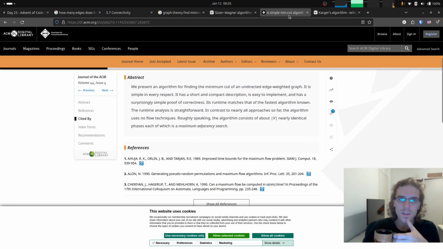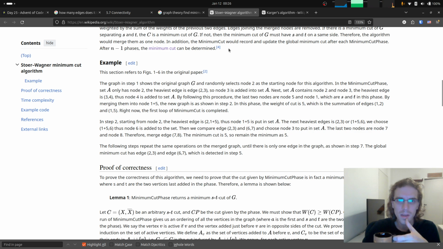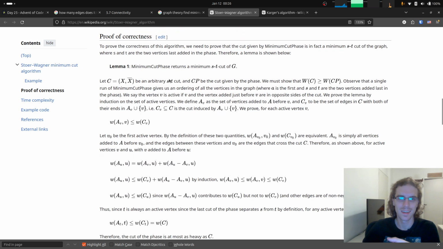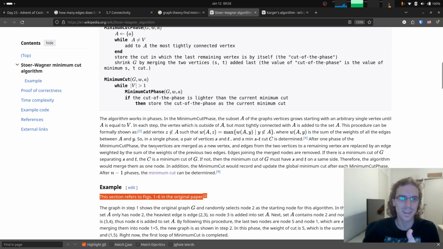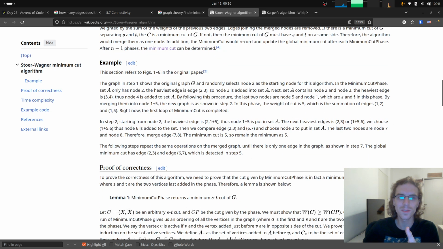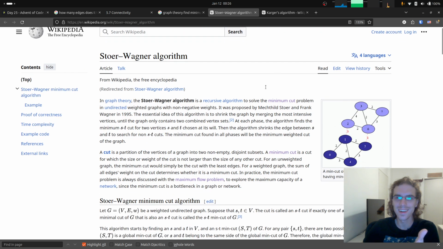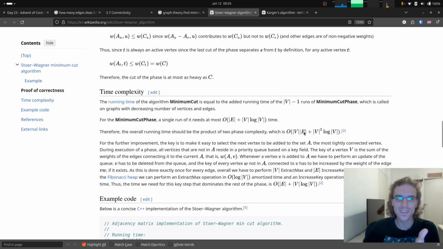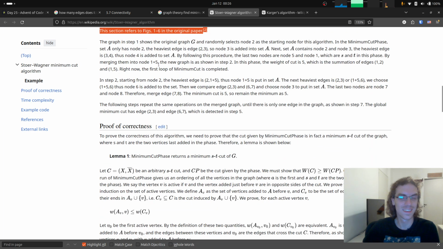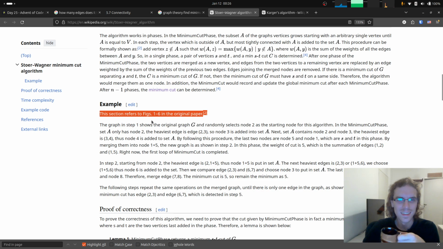I wonder if I will end up pirating a paper just to understand this thing. This sentence does not belong in a Wikipedia article. How can you refer to figures in a paper and not have the figures in the Wikipedia article? This is a very bad article, I think.